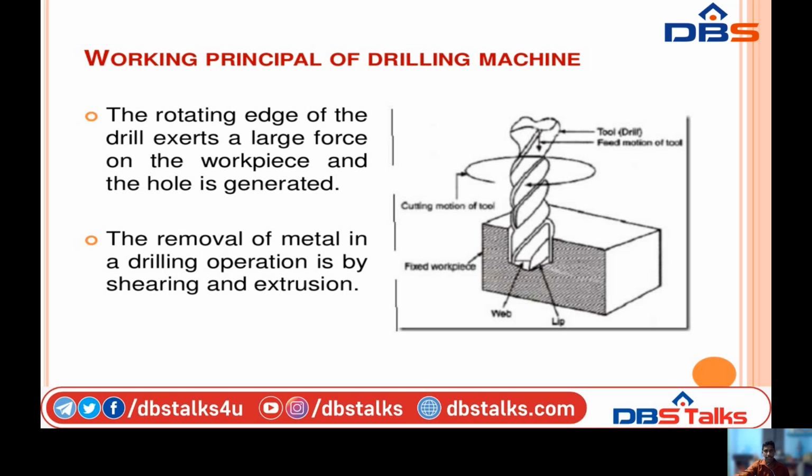The end point of the cutting drill bit exerts a large force, that means a high amount of force, on the workpiece to generate a hole. The main working principle is the end point of the cutting tool, the drill bit, exerting a high amount of force on the workpiece to generate a hole. It is the working principle of the drilling machine.